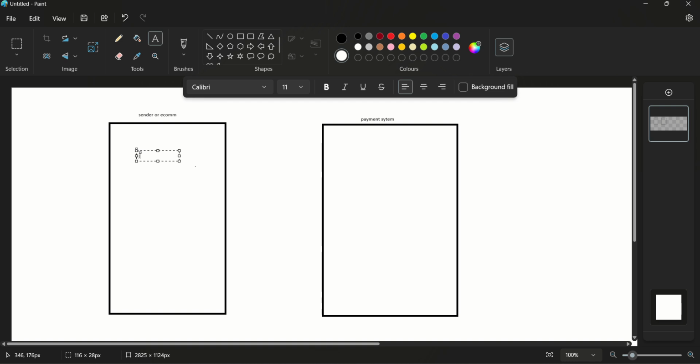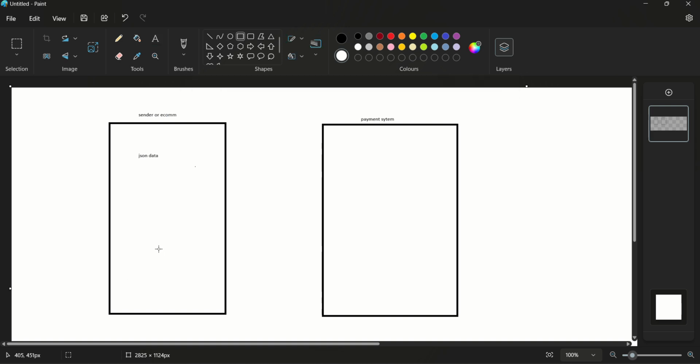JSON data is sent through the API. One secret key is provided by our project owner or our tech lead, so do not worry about the secret key. The secret key is provided by others. So I can apply the SHA-256 algorithm on this JSON data plus the secret key.